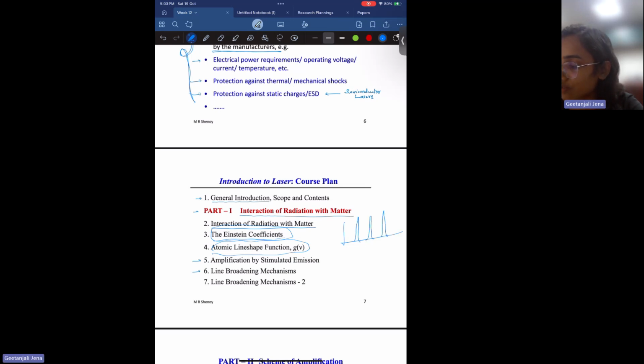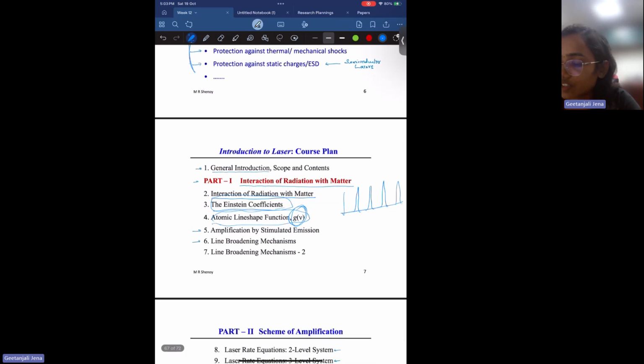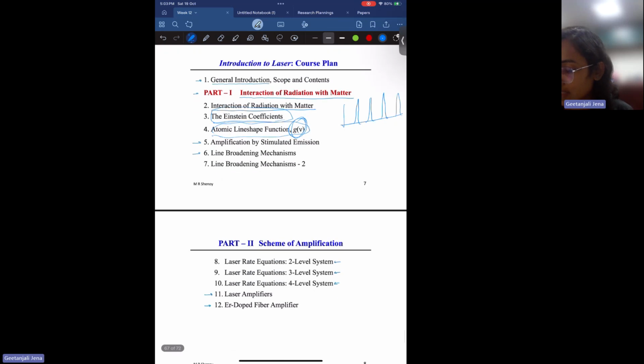So this is all due to the atomic line shape function, that is g of nu. And we see what are the conditions for amplification of stimulated emission, and what are the different types of line broadening mechanism, and the laser rate equation.